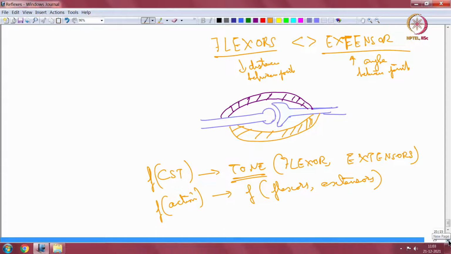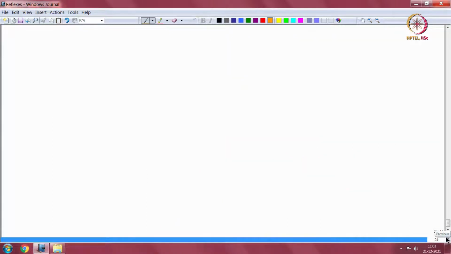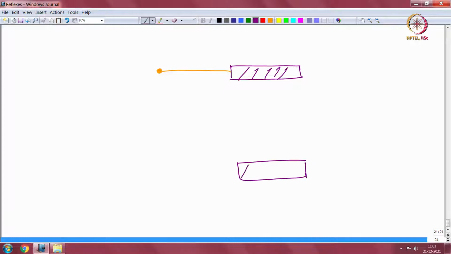So, the next part of the story is in the peripheral part of the network. So, again draw one neuron for muscle, then this will be another neuron for the muscle. Remember that I am avoiding the Golgi, I am avoiding the spindle and all that stuff.